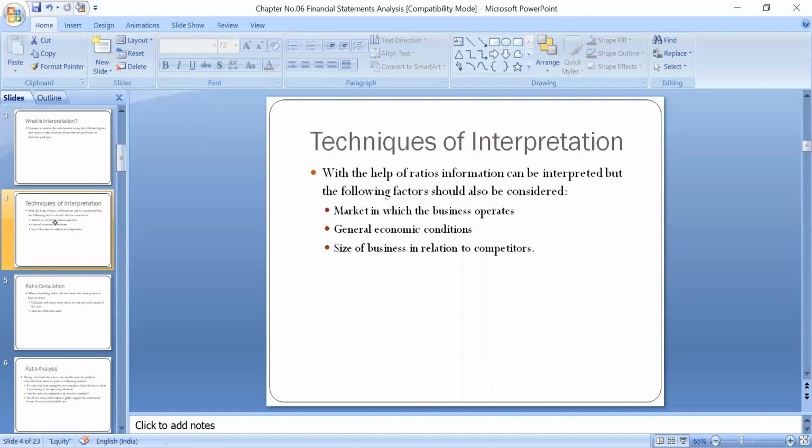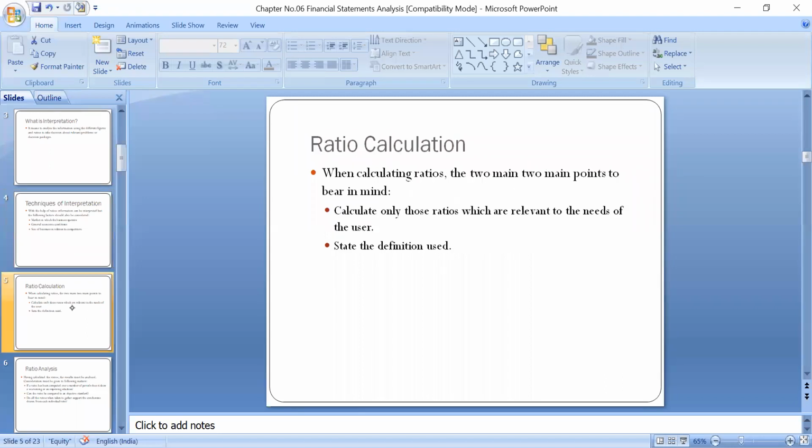In the preceding topics, we will be calculating the different ratios, which are going to be used to analyze the financial statements. We have a number of ratios which will be used to evaluate the financial position and performance.